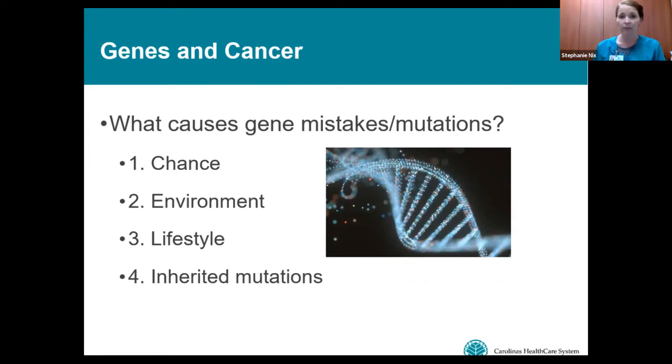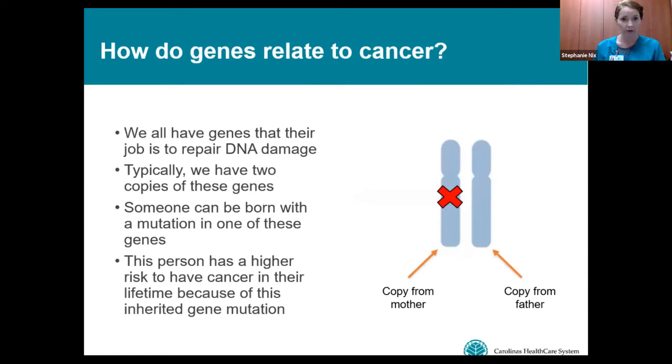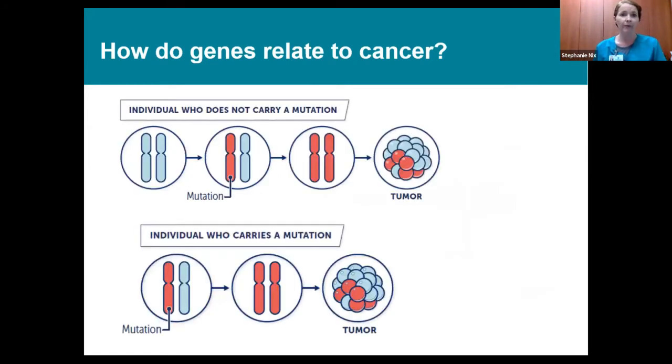Mutations can happen just in a single cell, and over time that can become a cancer cell. I have an image on the next slide. Here we go. Look at the top line: an individual who does not carry a genetic mutation from birth. The two blue chromosomes represent normal copies of genes.